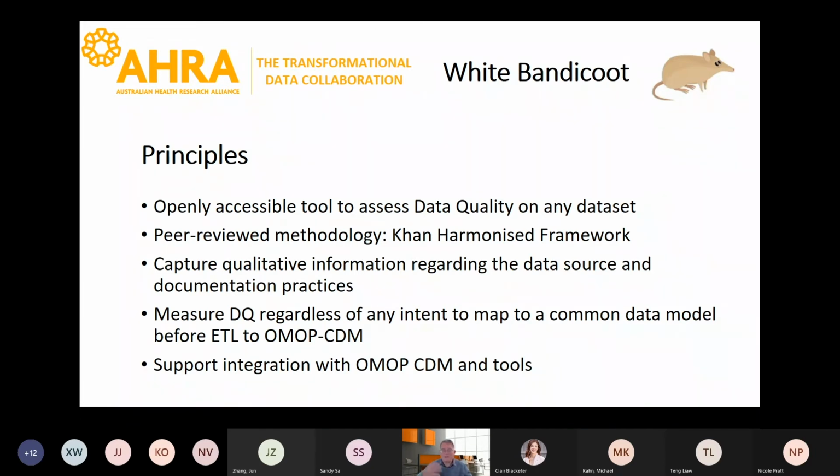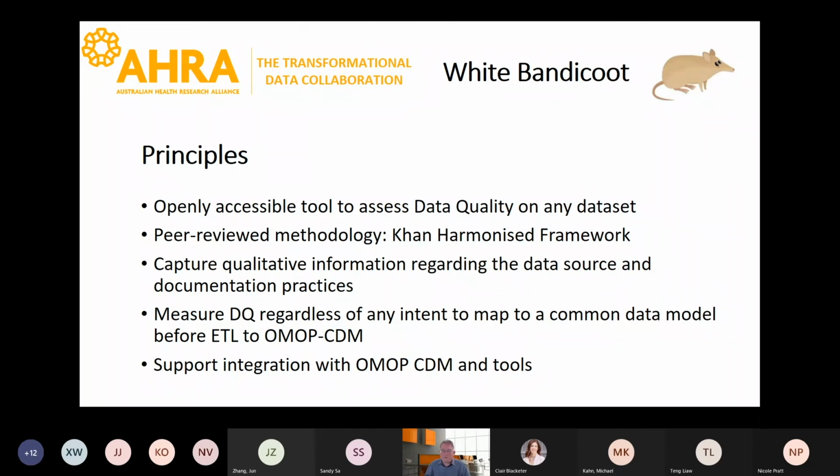And we've heard a little bit already about why it's named that. The principles of the tool are really to have an openly accessible tool that can assess data quality on any data set, because I'm thinking about these 106 different GP data sets, never mind any other ones.